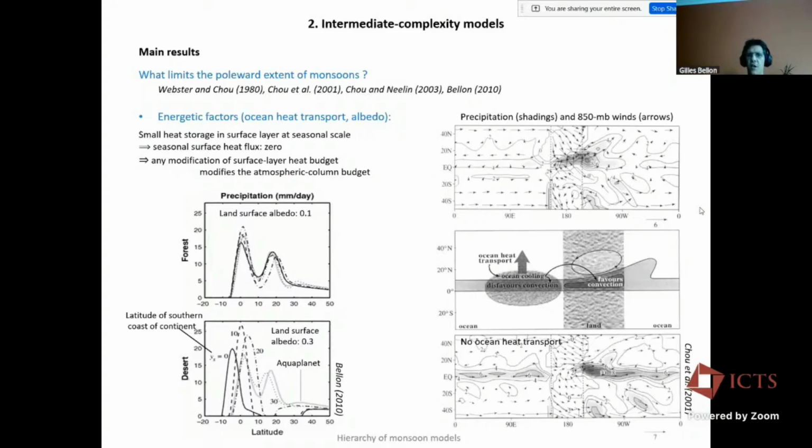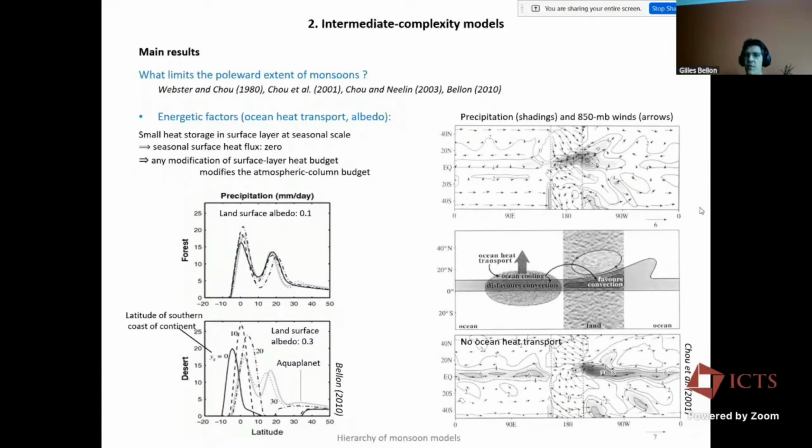So any modification of this budget, or maybe because the land is competing with the ocean for convection, of the budget of the oceanic surface, that's going to impact your precipitation. So in their case, if they don't put any ocean heat transport, then they essentially don't get precipitation over land.